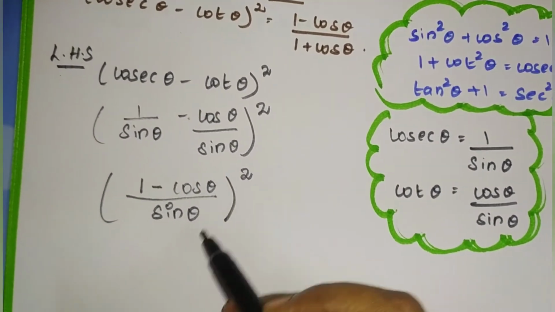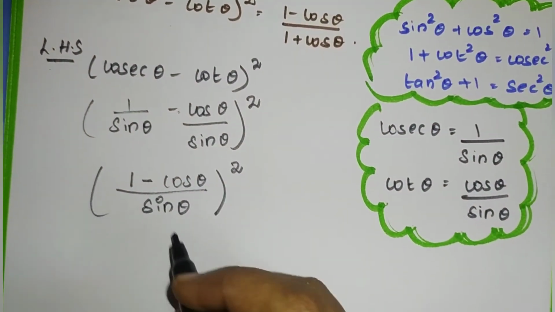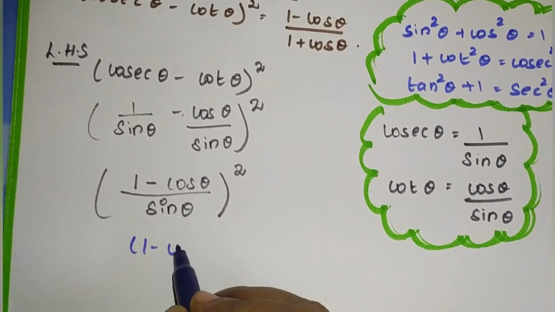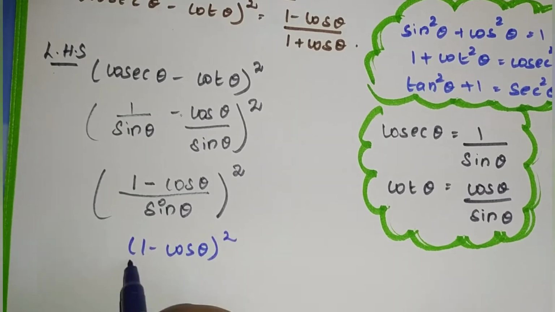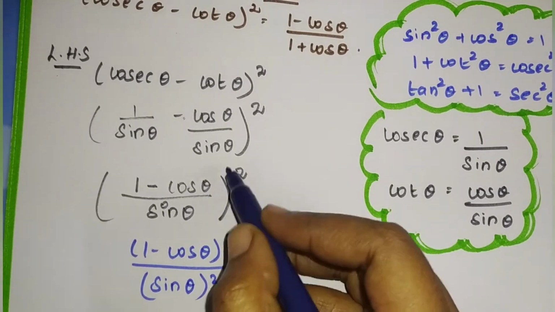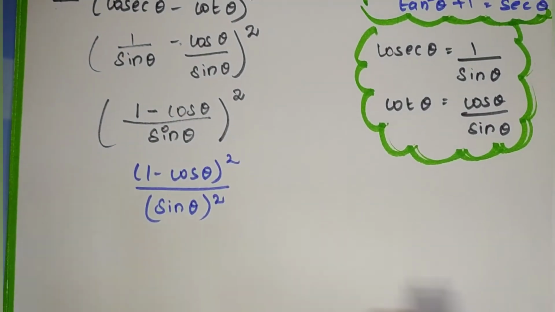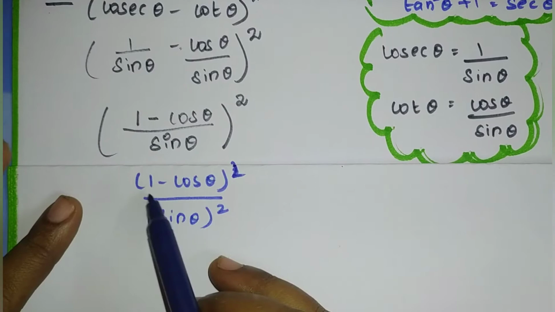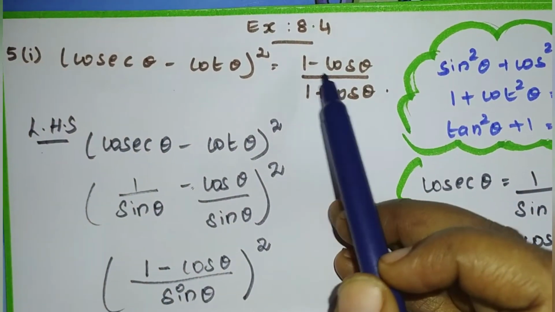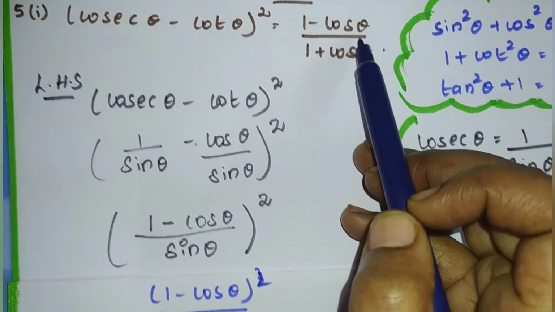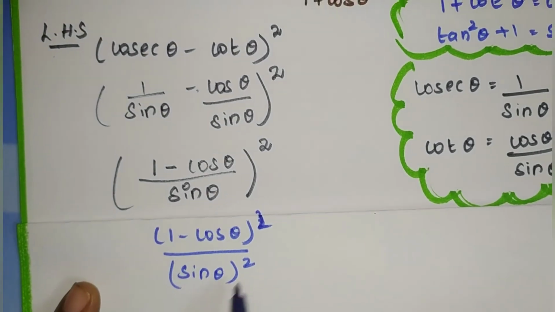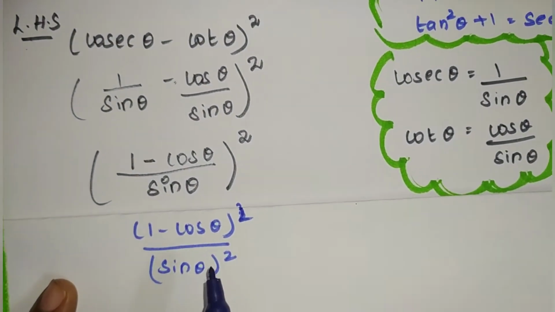Take the square for the numerator and denominator separately. That is 1 minus cos theta the whole square divided by sin theta the whole square. Now see the numerator, 1 minus cos theta the whole square, and see the RHS, 1 minus cos theta here we have. So we got our numerator. We just have to simplify this denominator alone to get the answer.